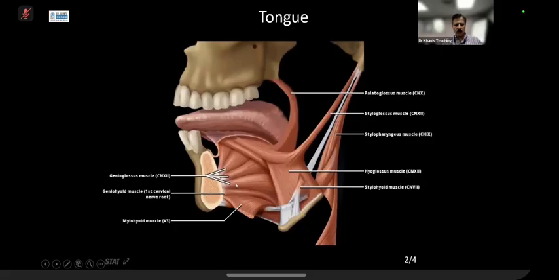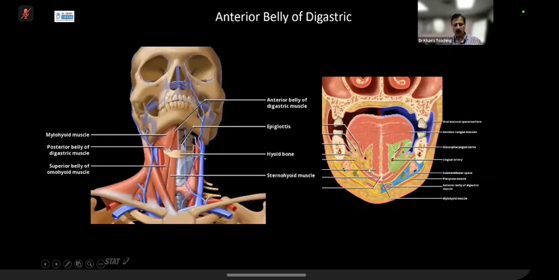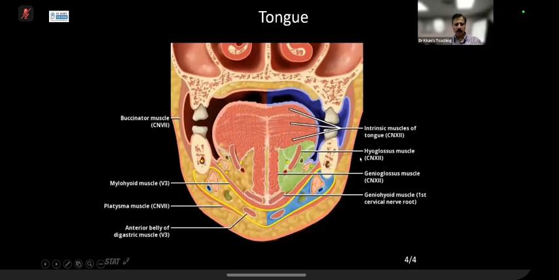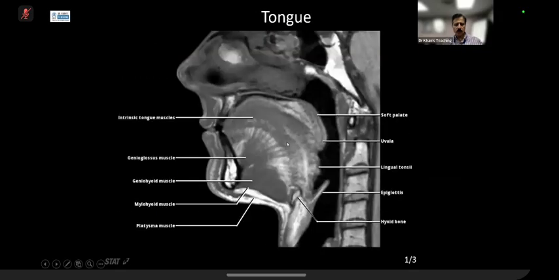But this genioglossus and the hyoglossus should be in your vocabulary. So if you see this coronal, these muscles here are the genioglossus. This one and this one is the hyoglossus. Now, this is an MR, intrinsic muscle, and this is genioglossus.